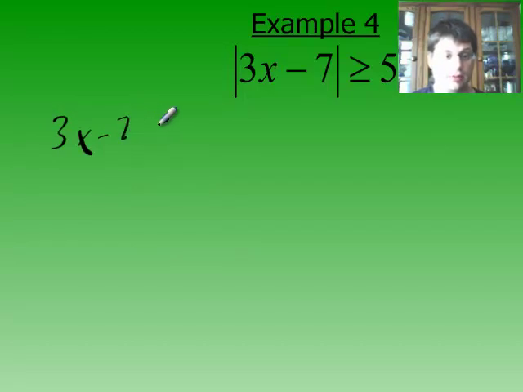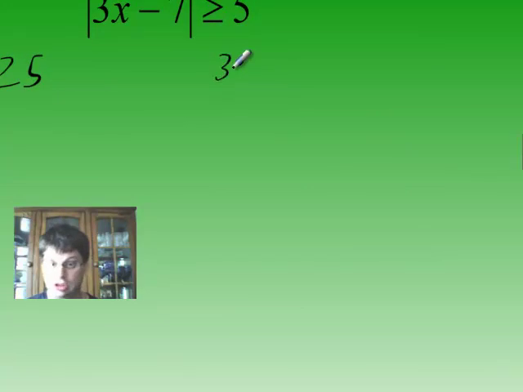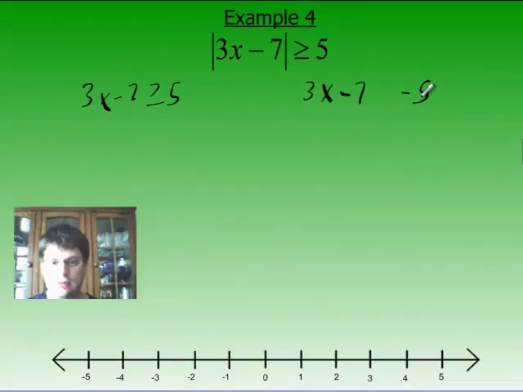We're going to have a positive 5. So just like with the equations, we're going to have one with a positive 5, and then we're going to have one where it's going to be a -5.